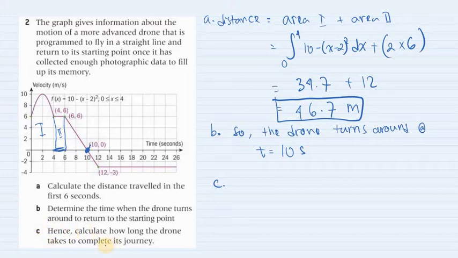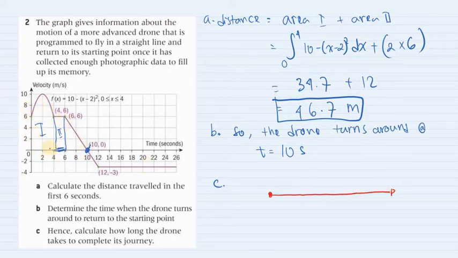Okay, C. Hence, calculate how long the drone takes to complete its journey. The information here is straight line. So if we imagine this is our starting point, the first movement, the drone will go away from us where the velocity is positive.